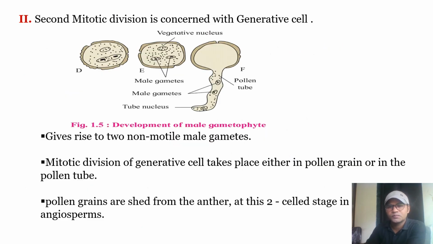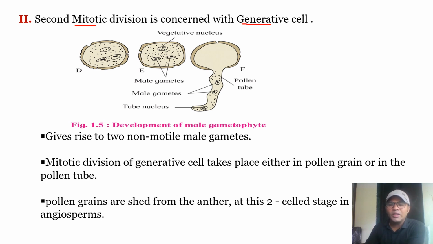Okay. Now, this is the two-celled stage prior we have studied, and most of the pollination is taking place at a two-celled stage in angiosperm.